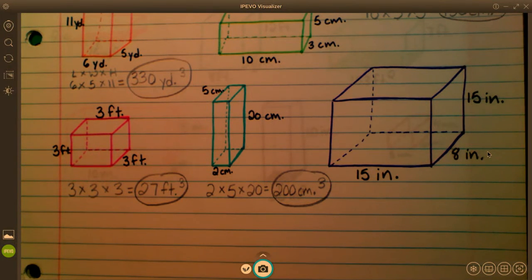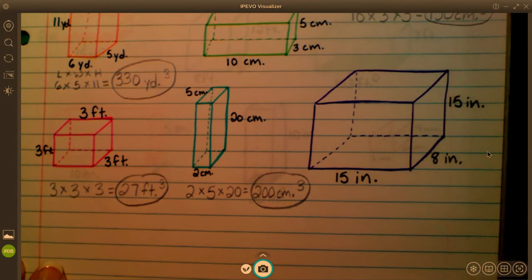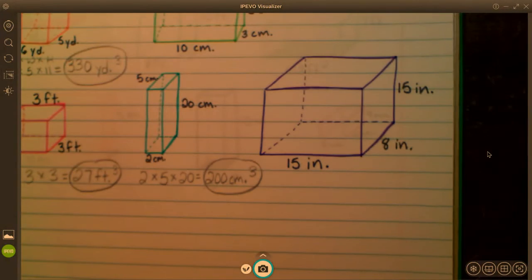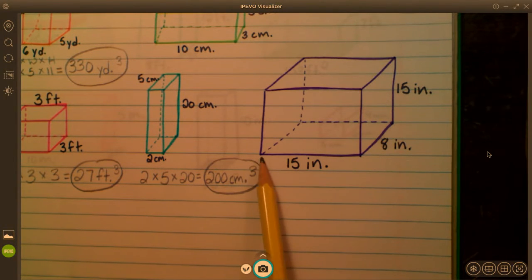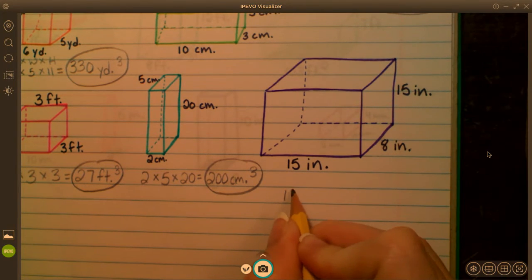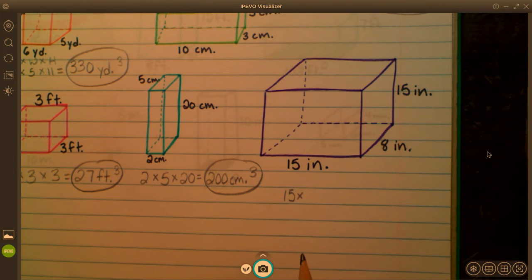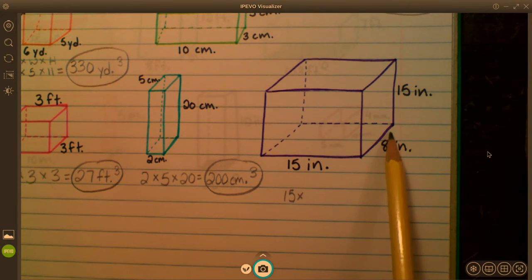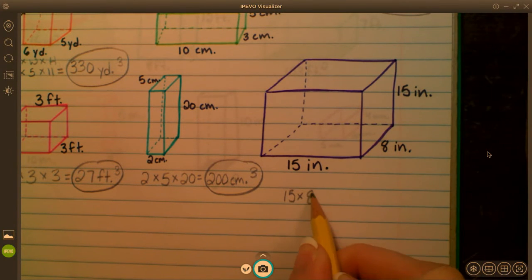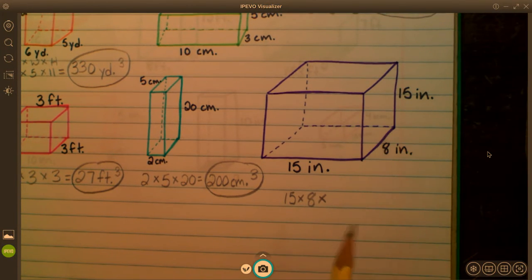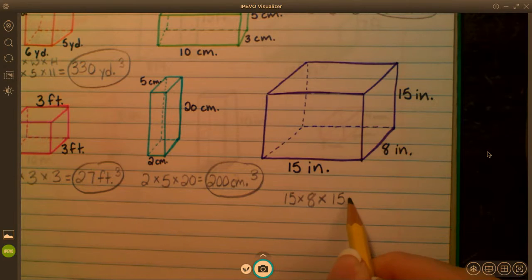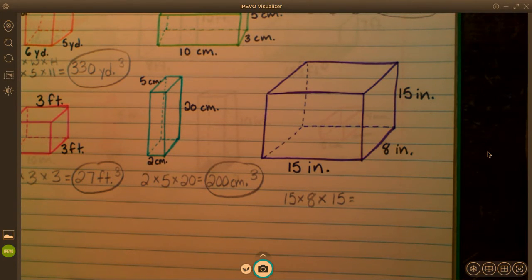Then we have our last rectangular prism. It's big. It's a big one. So, length, left to right, right here, 15, times our width, or how thick it is, or how wide, that slanted line here, 8, times the height, up and down, how tall it is, 15, and I need to find what that equals.